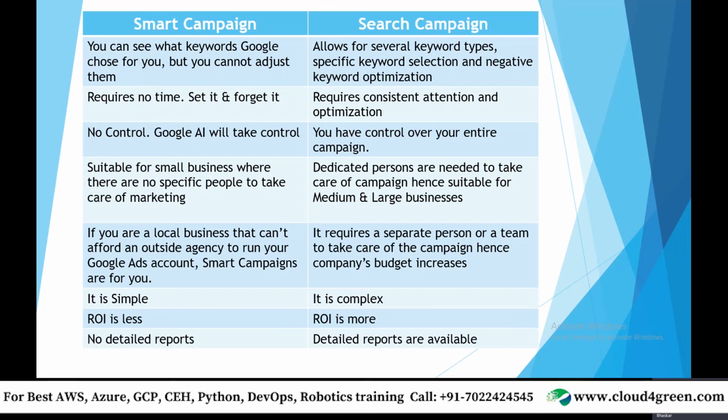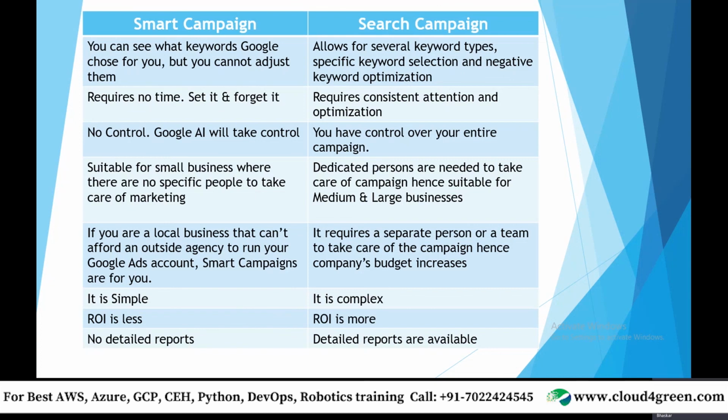You can create a smart campaign, learn about it, understand it, analyze it, and start with a small budget. Once you get a complete understanding, then you can go for a search campaign.